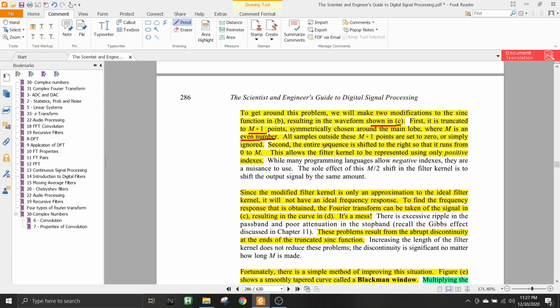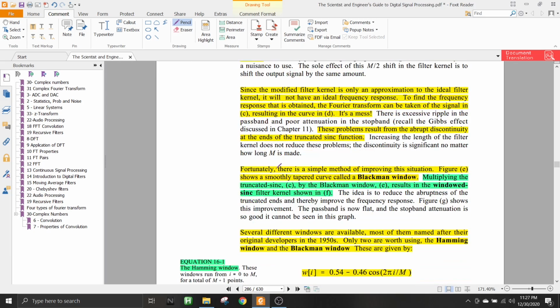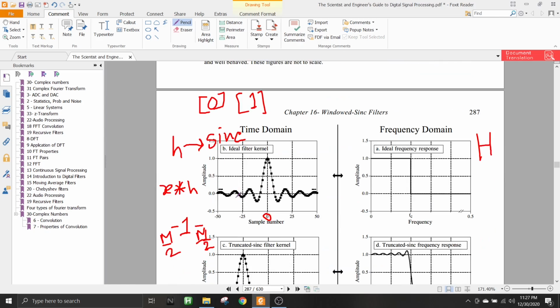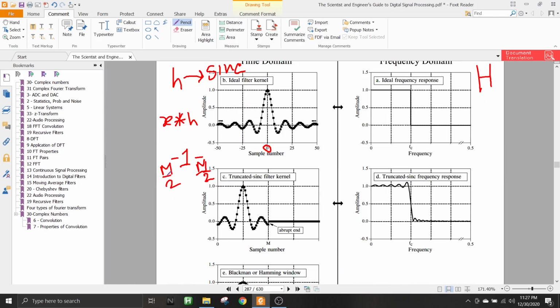So for that you'll be shifting by how much? The amount is m by 2 actually. Let me check. If I shift m by 2 samples to the right, I'd be getting all the samples on the right side. That means I'll be getting all m+1 samples after 0.